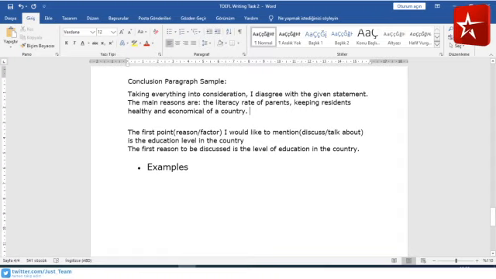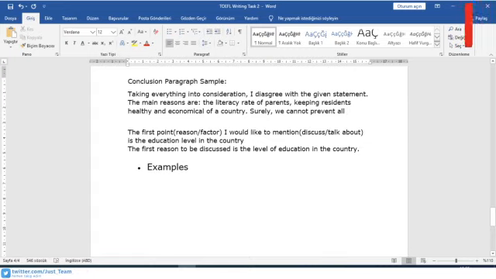And as for the last sentence, what I can write as a general sentence is, surely we cannot, one N is extra, we cannot prevent all diseases.